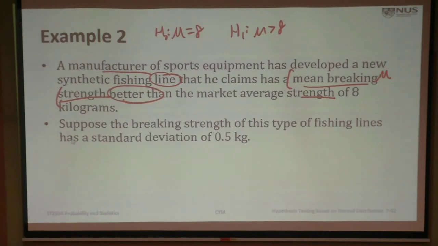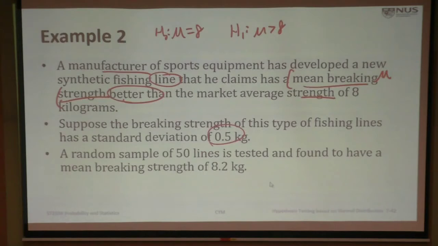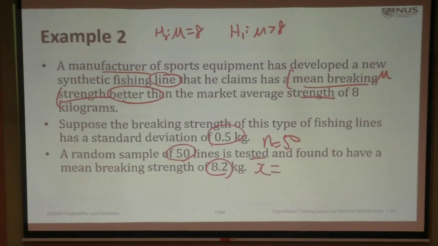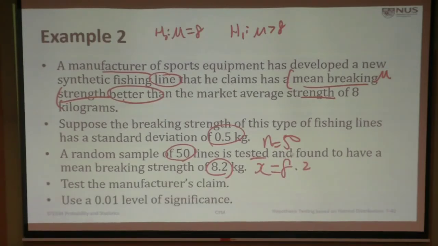So suppose the standard deviation is 0.5. I select 50 lines, so n equal to 50, and x bar equal to 8.2. So we find out whether this has enough evidence to support his claim. We use the level of significance 0.01. What does that mean?